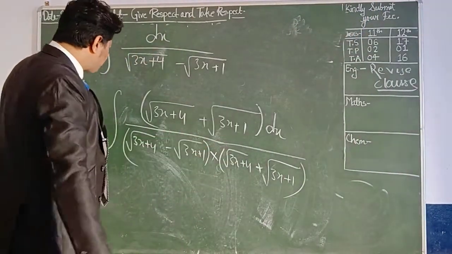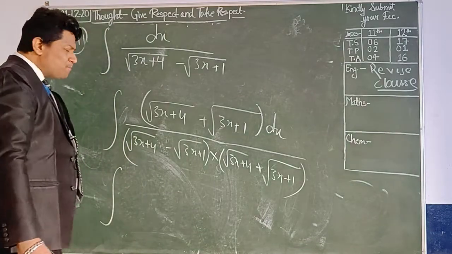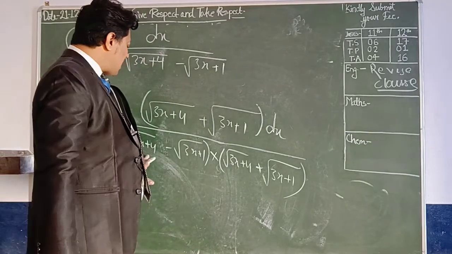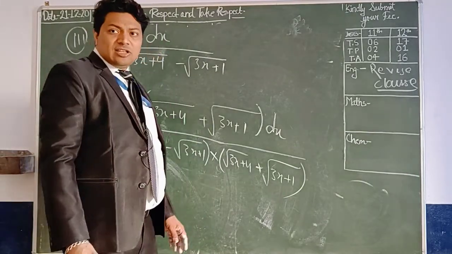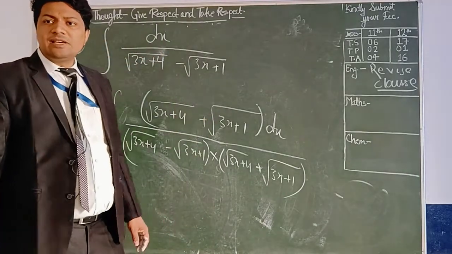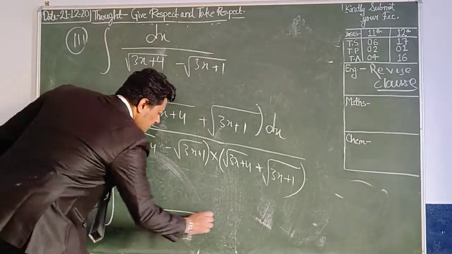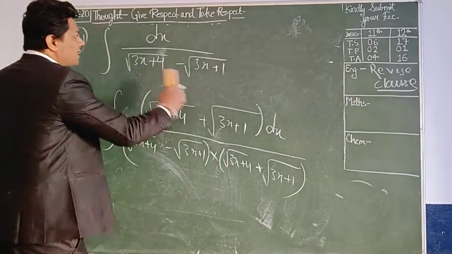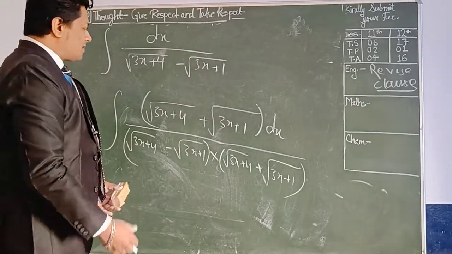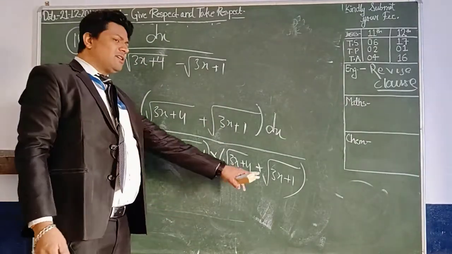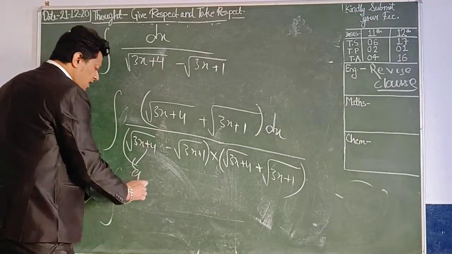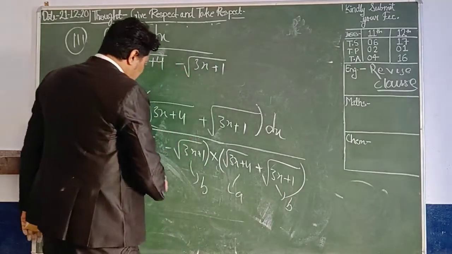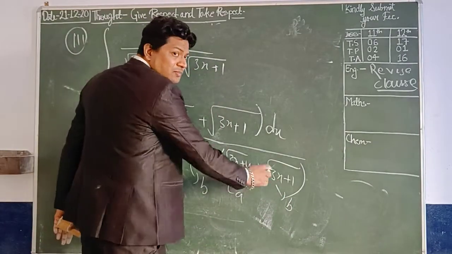Now what do we have? We have something like (a minus b)(a plus b). This will be a square minus b square. If you don't mind, first of all you need to write it, then I will write here. Is it clear? (a minus b)(a plus b) gives a square minus b square.